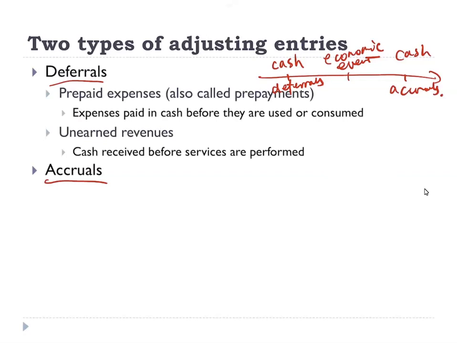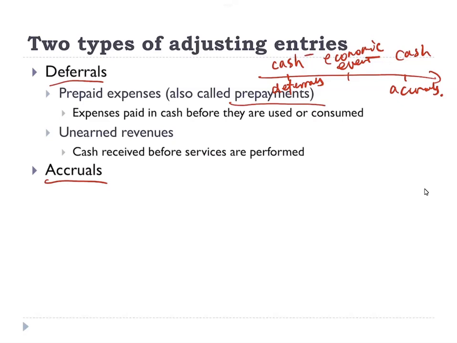Specifically for deferrals, we have two types. One is prepaid expense, which is also called prepayment. The other is called unearned revenue. The difference between those two is that for prepaid expense, usually that's a cash outflow.